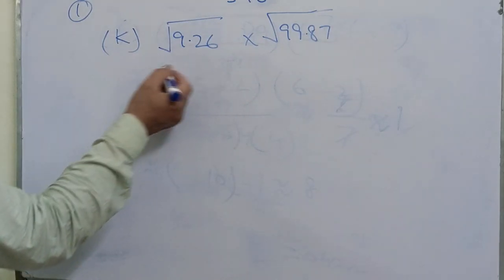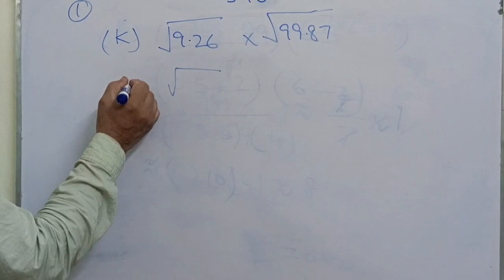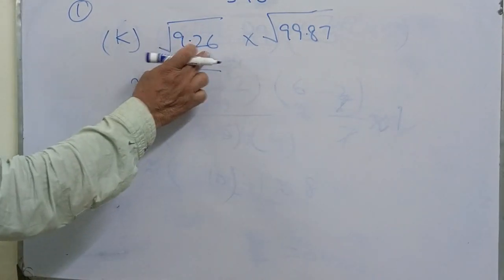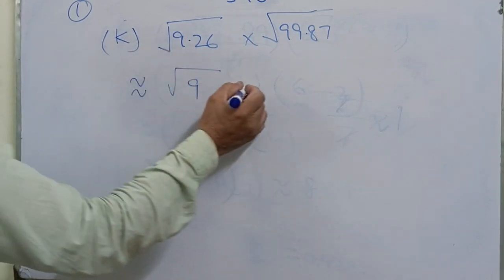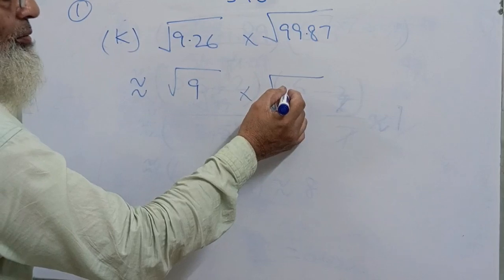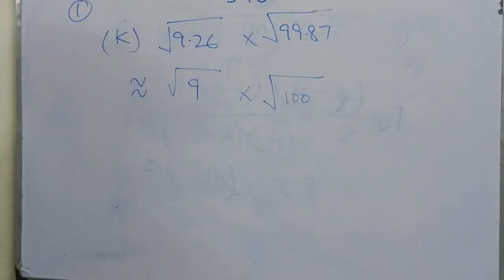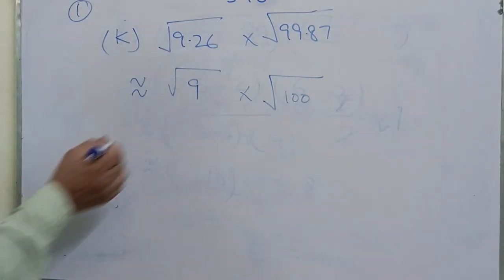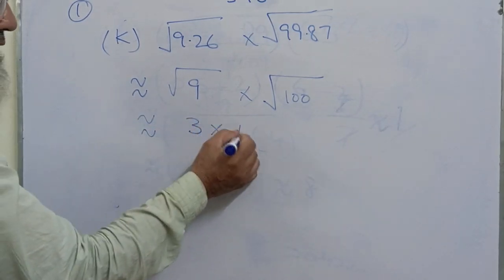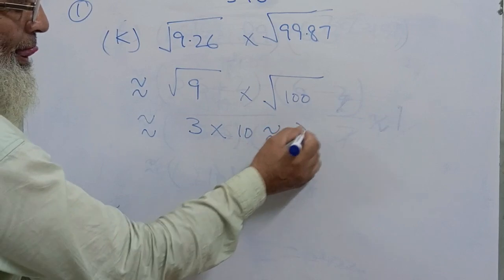So it is very easy again. You can just estimate it to 9. Just leave this and continue with 9, and then just put the next higher value over here. So it will become 3 multiplied by 10, that is equal to 30.